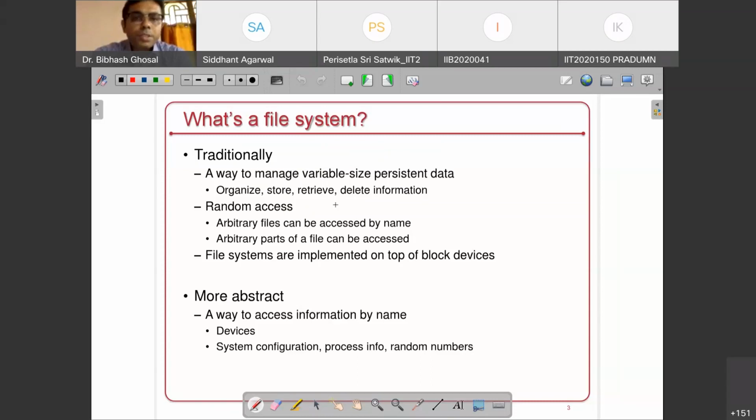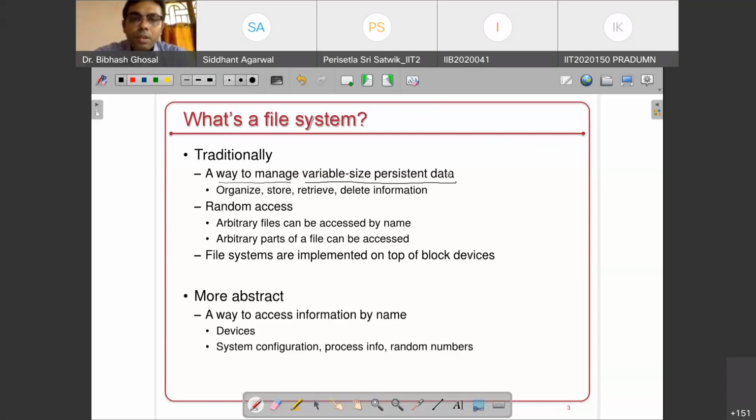So what is a file system? The file system is a way to manage variable size persistent data. You know that the data that we generate is of different sizes, different types. So it has to be managed properly. Until you manage them, you cannot operate on the data.